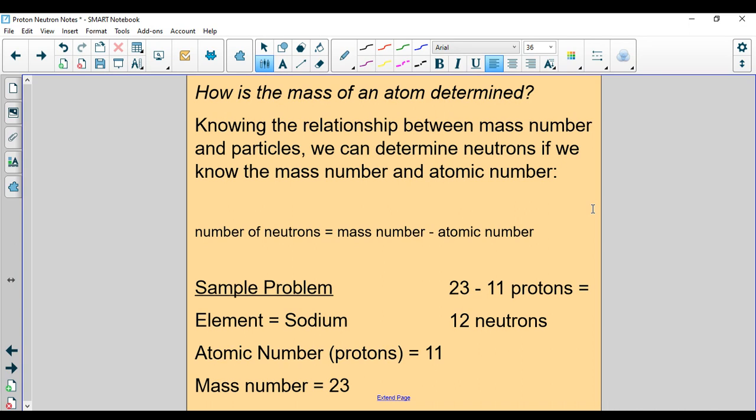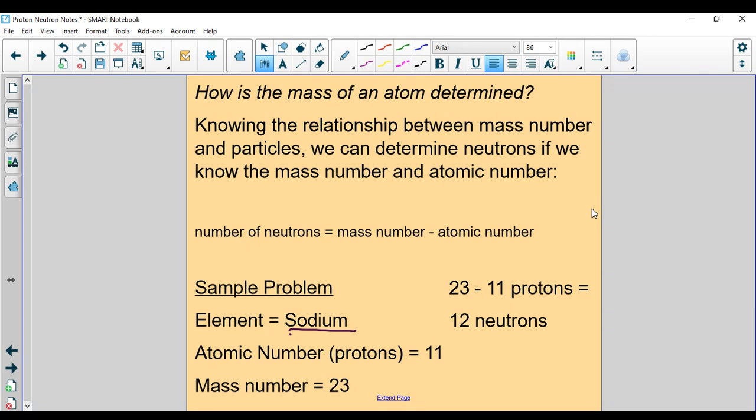Because of that understanding of how mass, protons, and neutrons are related, we can determine neutrons from that provided data. What you'll notice is the equation listed there is just a rearrangement of the one we used in the last slide. So let's say we are looking at the element sodium. Its atomic number is 11, which we know is also equal to the number of protons. The mass number of this atom happens to be 23.